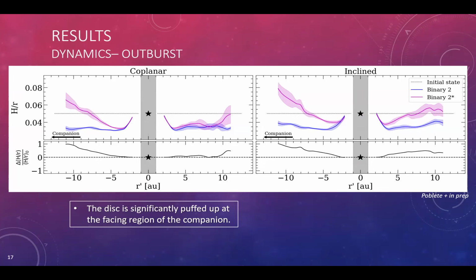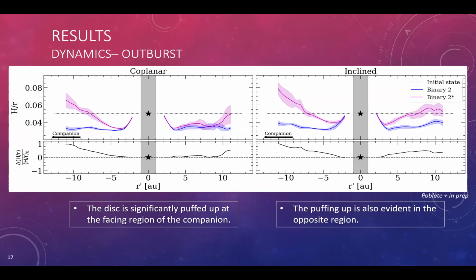The first thing is that in the coplanar case, you can observe a great increase in the vertical structure just on one side. But if we now observe the inclined case, this increase in the vertical structure is also on the opposite side. So this shows the very important role of the inclination when you are irradiating a circumstellar disk.